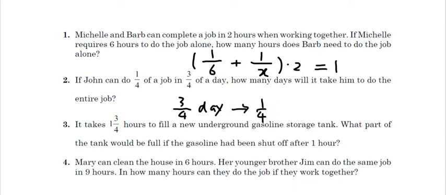So 1 day equals, we just multiply by 4/3, right? 1/4 times 4/3 equals 1/3. So one day can finish 1/3. So how many days will it take him to do the job? 3 days, right?